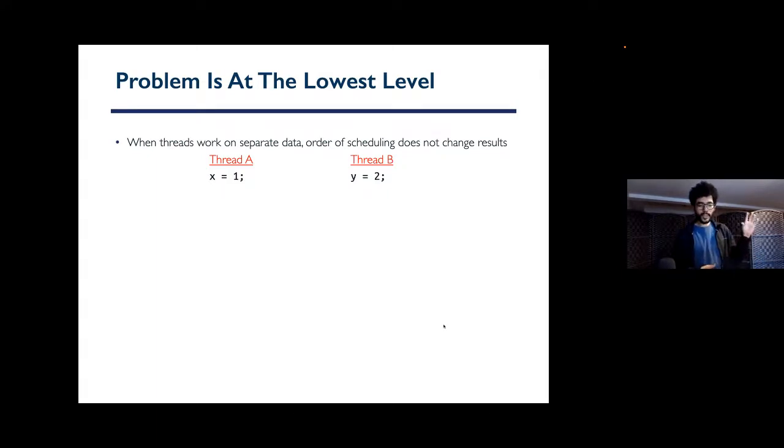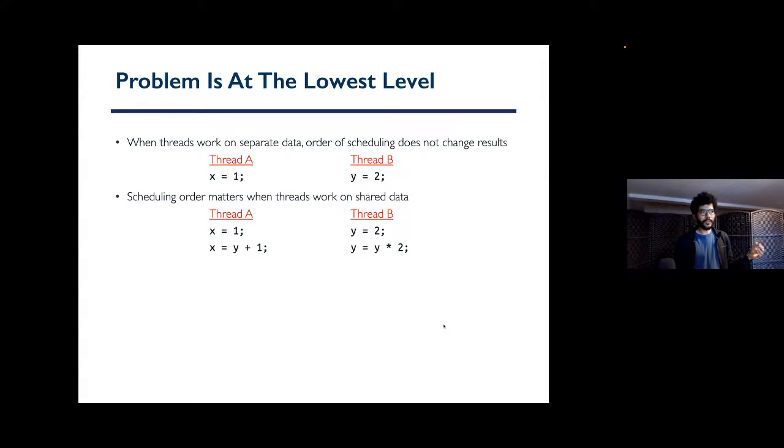Now, if you remember in that slide that I was asking you, should we care about these interleavings? The answer was it depends. What does it depend on? So here I have two threads. One of them is working with variable X. One of them is working with variable Y. Now, it doesn't really matter if I schedule these anywhere I want.